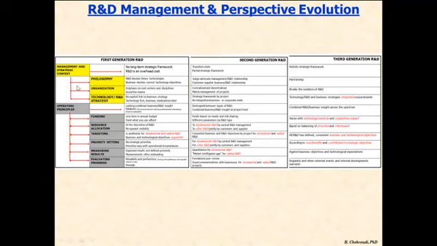Now, this is, of course, a low resolution of what we're going to discuss in terms of historical evolution. We call this first generation, second generation, third generation, fourth generation, and so on. The discussion here is going to look at these kinds of components. For example, what are the attributes of the first generation R&D in terms of management and strategic context, such as the philosophy?